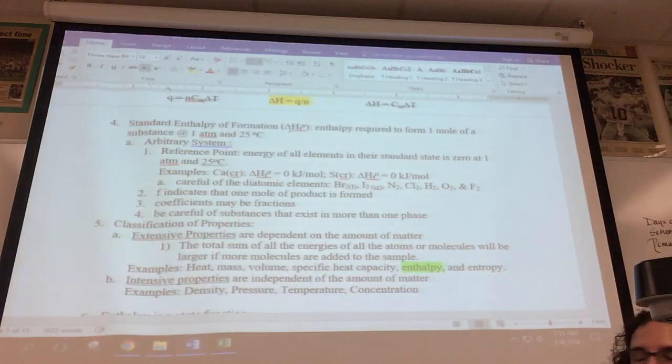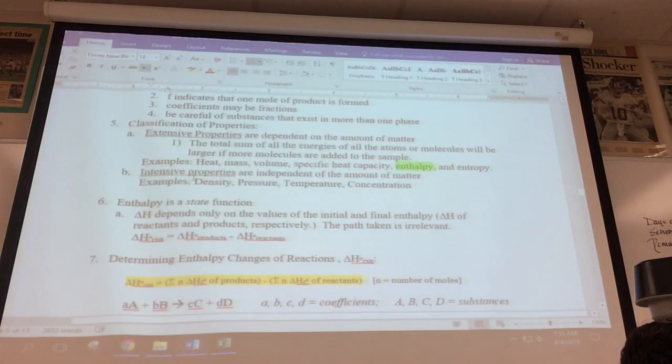So let's learn how to do this. First of all, we spoke very briefly extensive versus intensive properties at the beginning of the year. It's not something we really need to concern ourselves with at this level, but extensive properties do depend on how much matter you have.